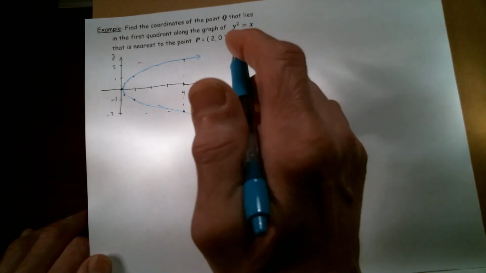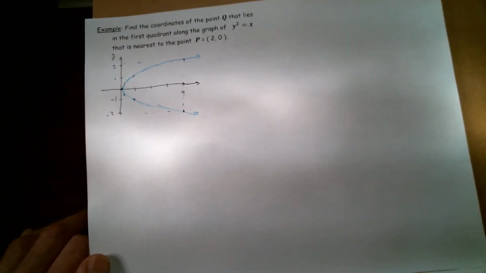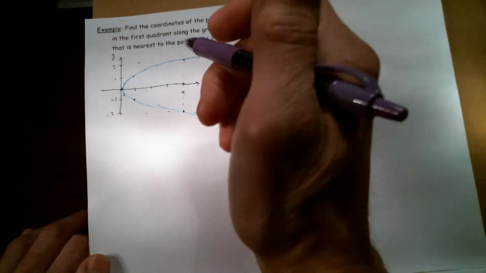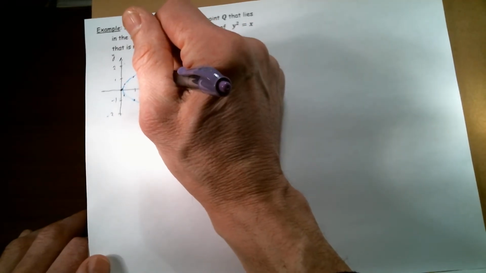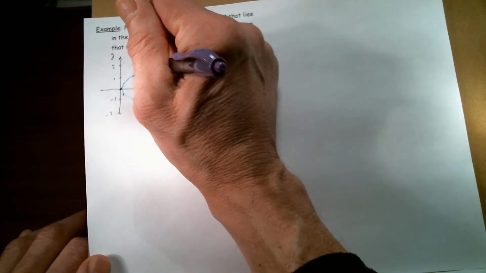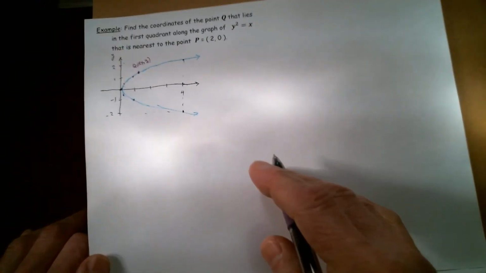Now, Q is a point that's along the parabola and also in the first quadrant. So we could select an arbitrary point on that upper branch. Say we take this point, for instance. Say this is going to be our generic point Q, (x, y).